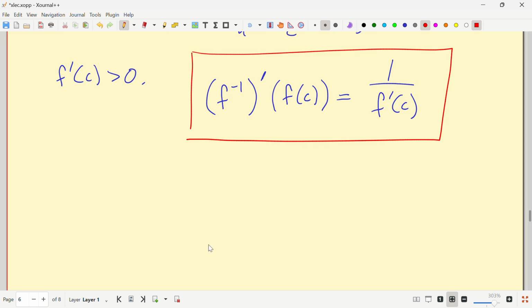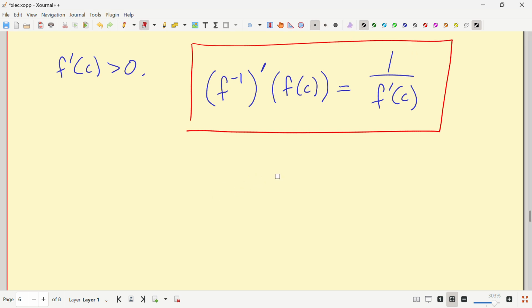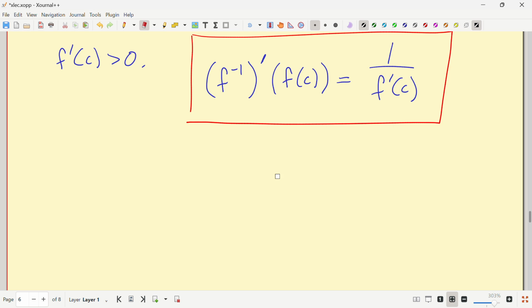What's another way to write the same thing? That's the formula. The hard part of the inverse function theorem is showing that the inverse is continuous. But we showed that.